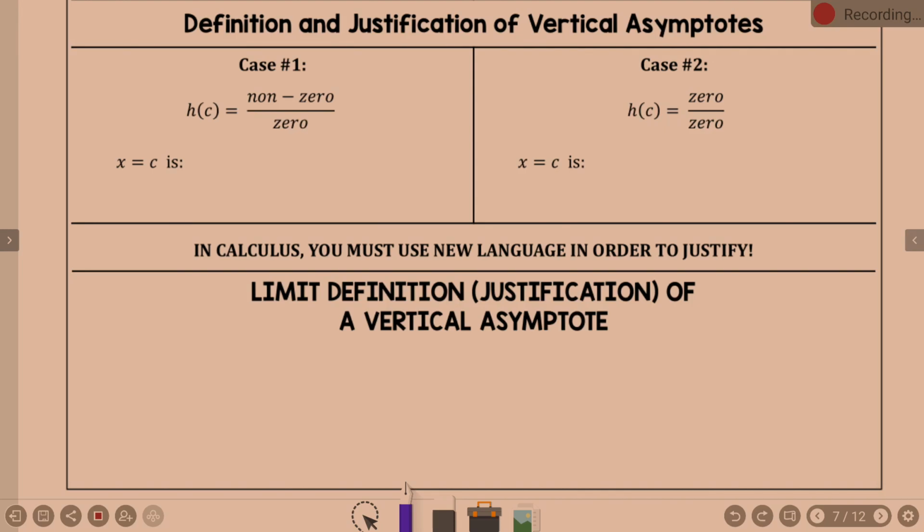If your fraction is of the idea that you have a non-zero divided by a 0, what they're saying there is when you have that 0 in the denominator, that's going to be an example of a vertical asymptote. That's what we were just looking at, where we were getting 0 in the denominator. That's going to be an idea of a vertical asymptote.